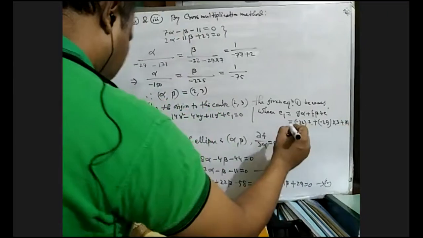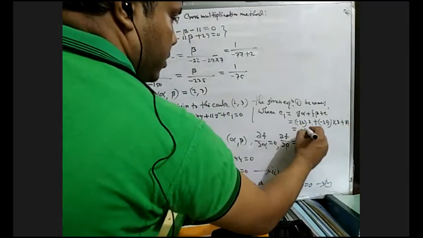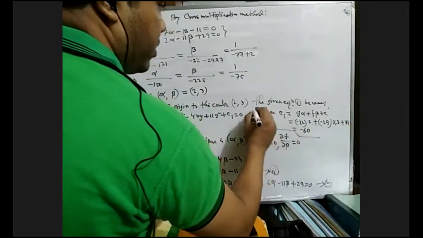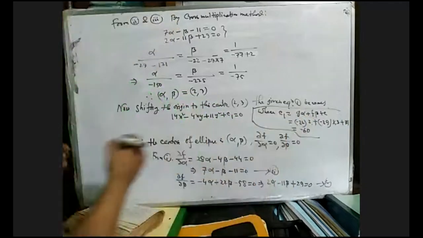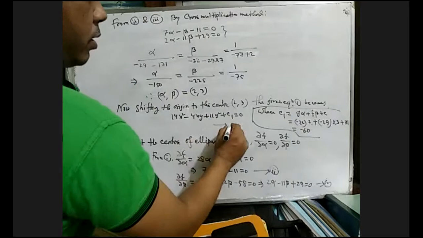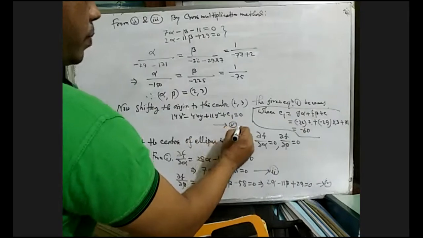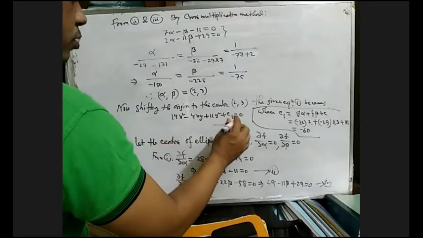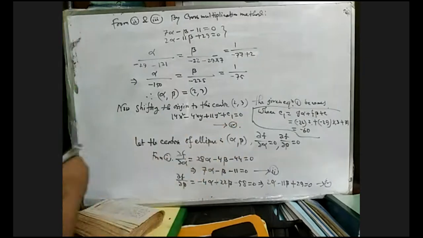So c1 value is actually minus 60. After calculation we get this value. So this is equation number 4.